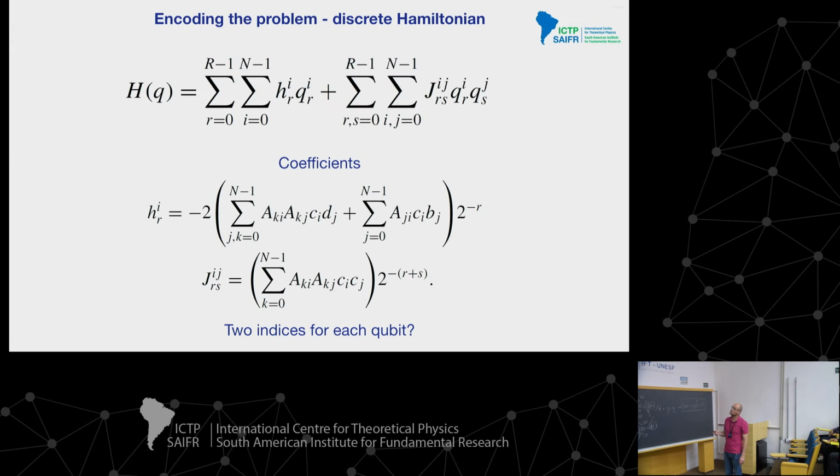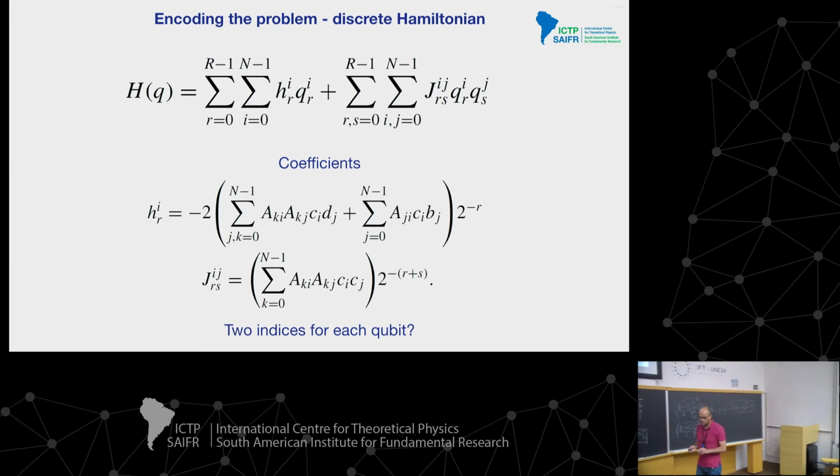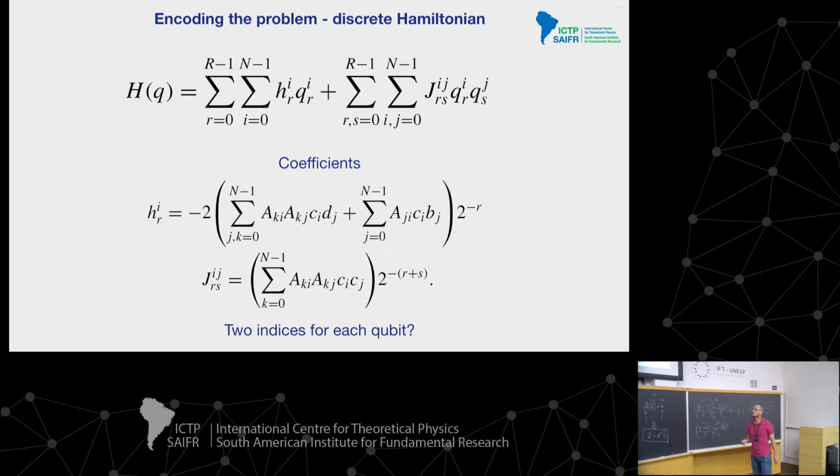So, what's the goal? The goal here is to find the ground state of this Hamiltonian. This ground state of this Hamiltonian will contain the solution to our system of equations. But before we try to do that, we observe that each qubit here, the variables q, has 2 indexes. That's the problem, because in the D-Wave quantum computers, each qubit is indexed by just 1 index.